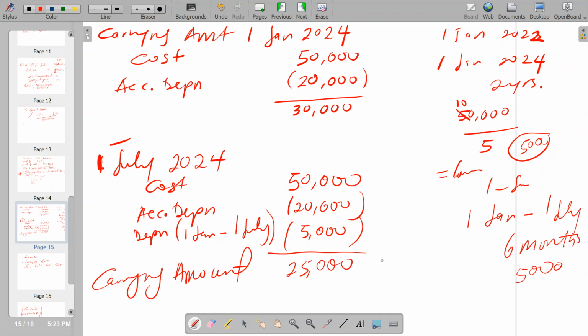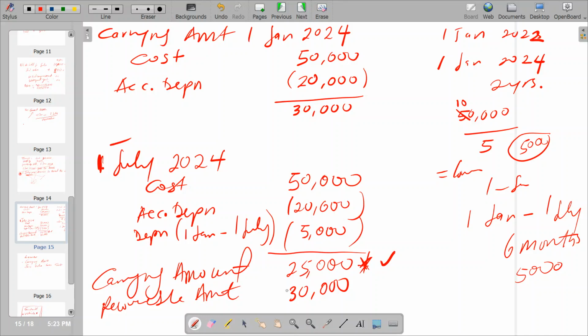So the standard says look for this figure and compare it to the recoverable amount. Okay, so in the question they will give you the recoverable amount. Let's say it is maybe 30,000. So it means we have to pick the lower, the 25,000.